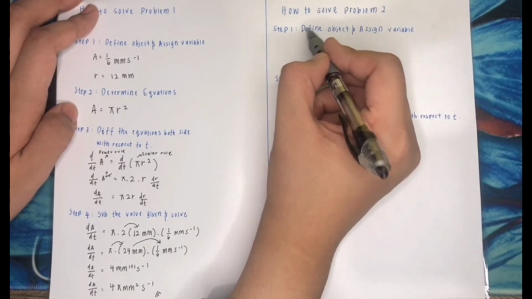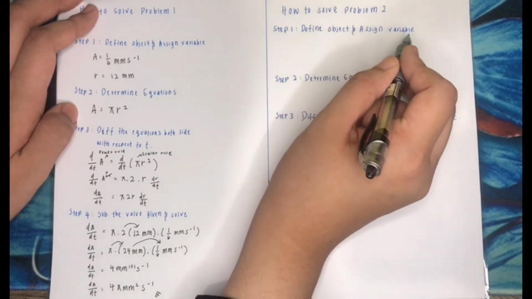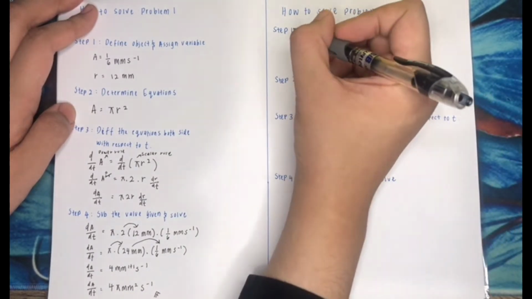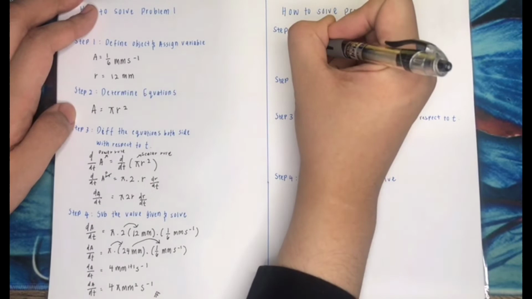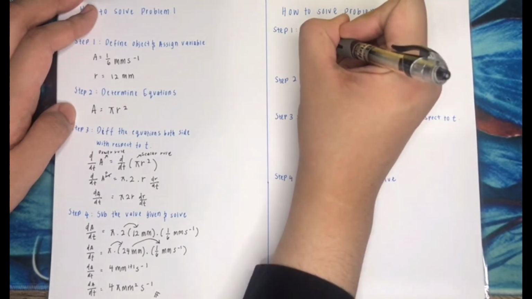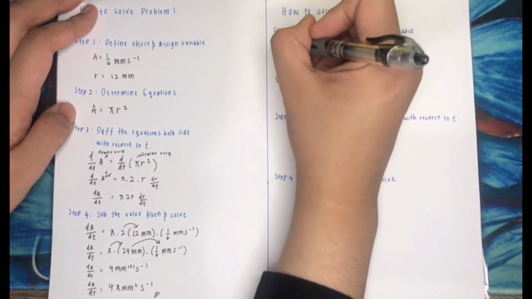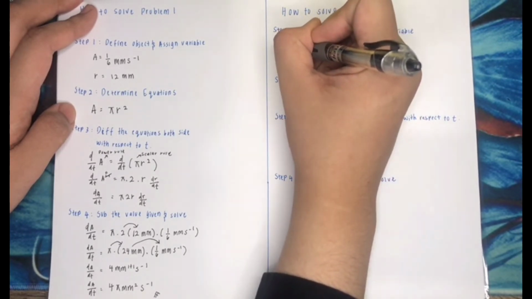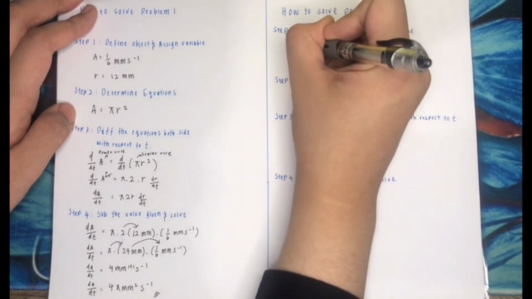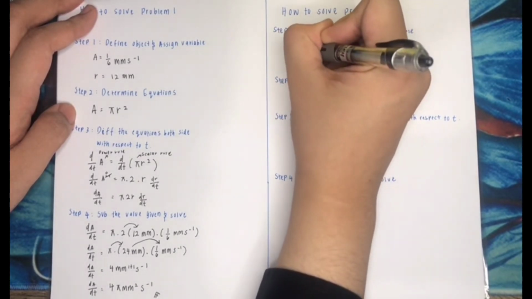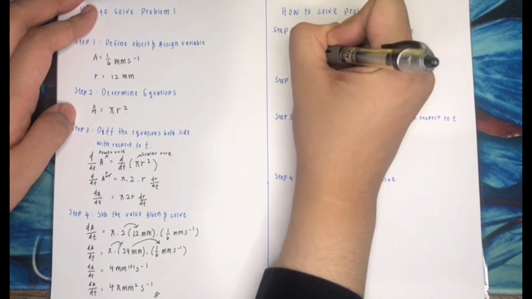Step 1. Find the object and assign a variable. First, we use what Shafa highlighted from the question. A cube of ice is melting, so we need to draw a cube.